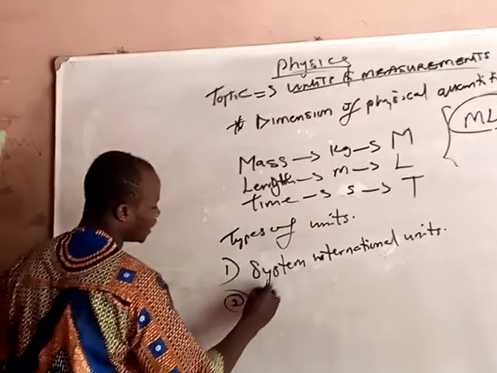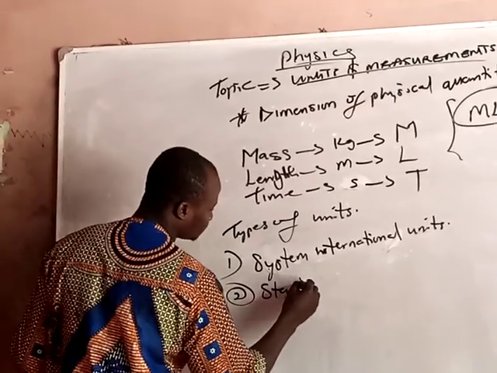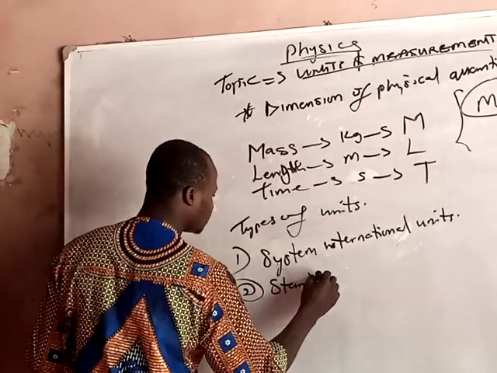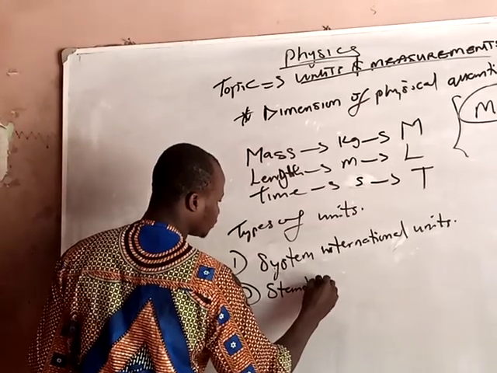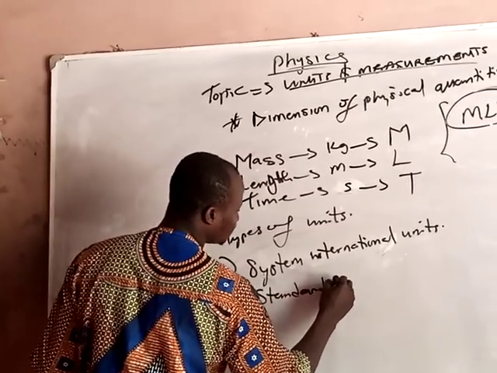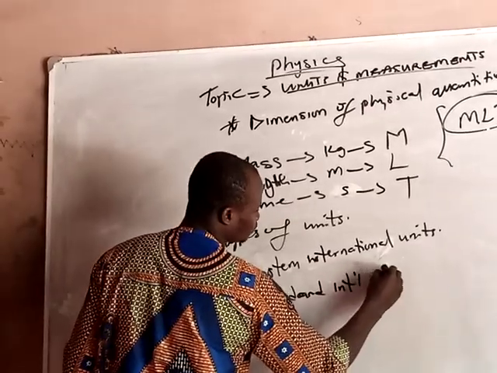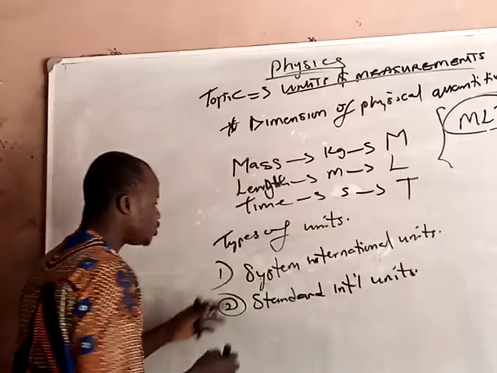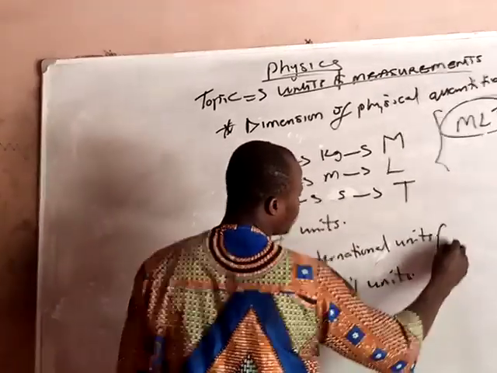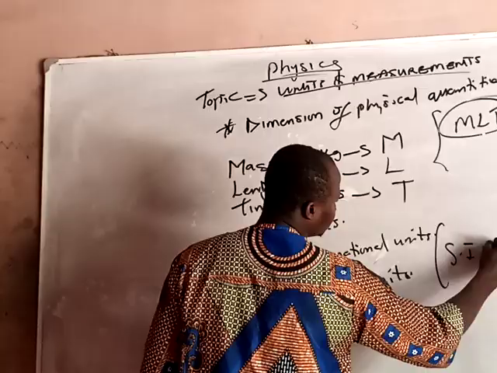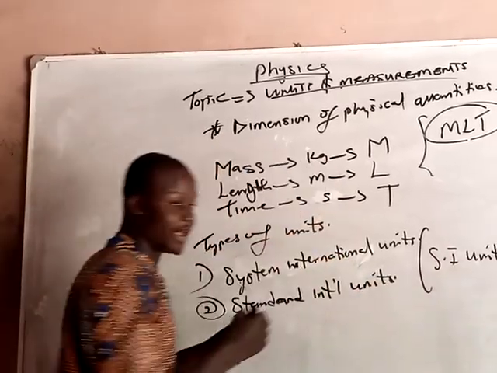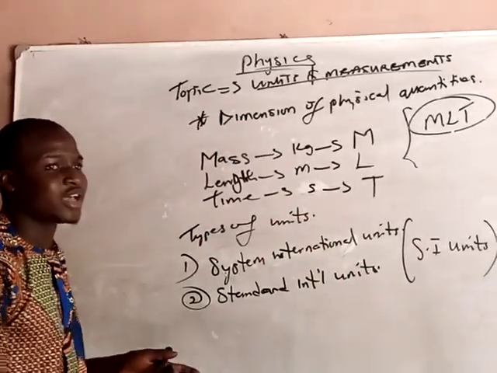Two, Standard International units. Let me just shorten it like this. Both of them are called SI units. Don't forget that. That's why they ask, what is the SI unit of mass?